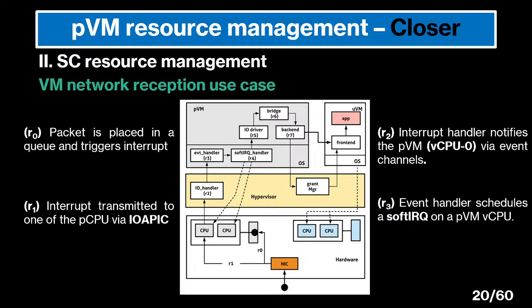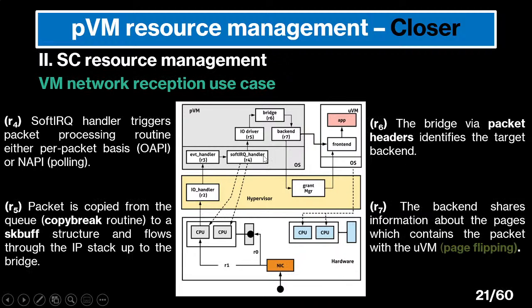And what happens is that it is divided into two parts. There's a bottom half that is going to mask interrupts arriving on the network card, and then it is going to schedule a softIRQ, which is going to trigger the processing of the packet. So at this step, the softIRQ is triggered, and what happens is that for each packet it is going to copy it from the network queue here to the socket buffer structure, then flow through the IP stack up to the bridge.